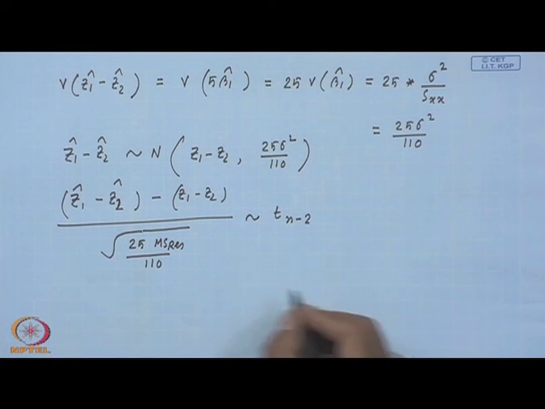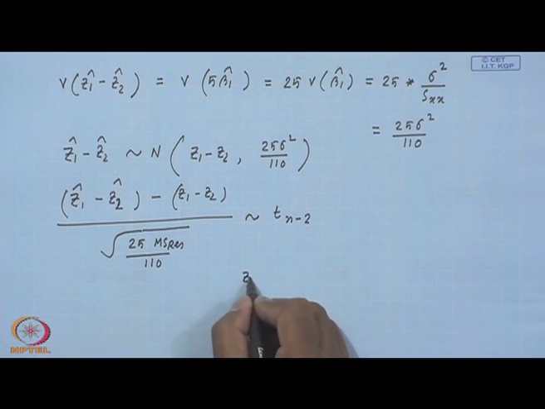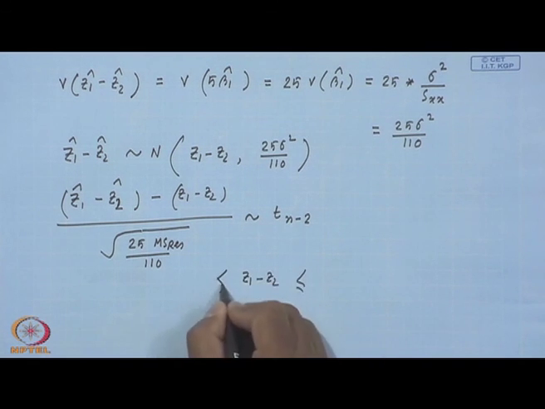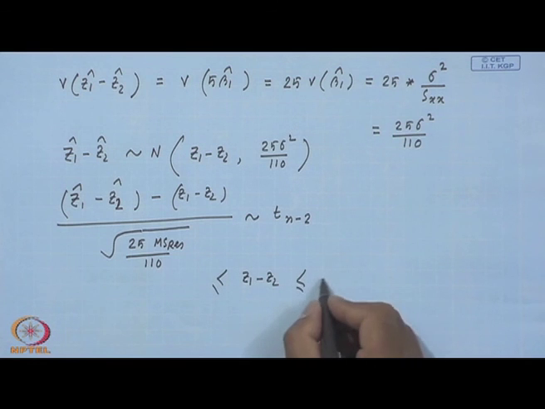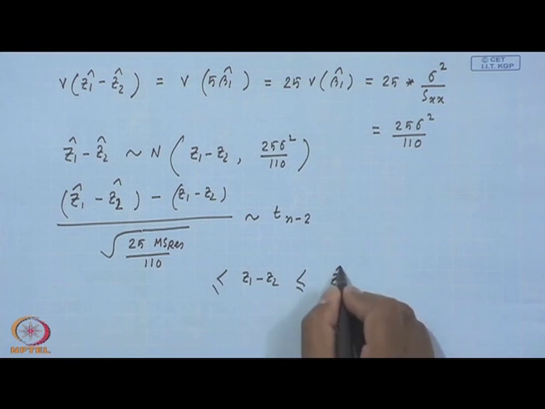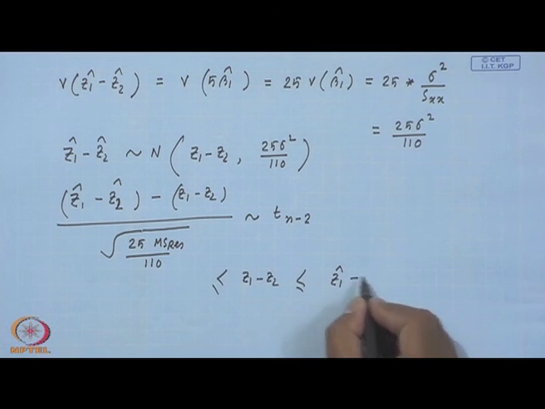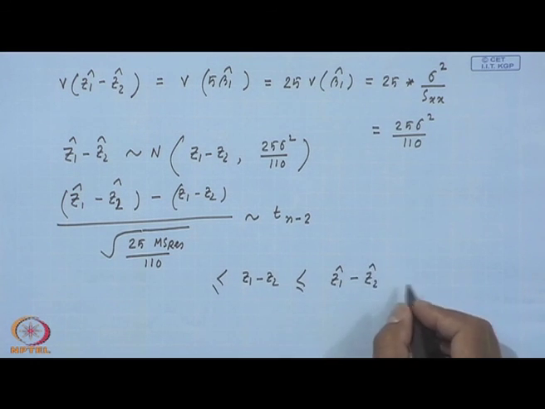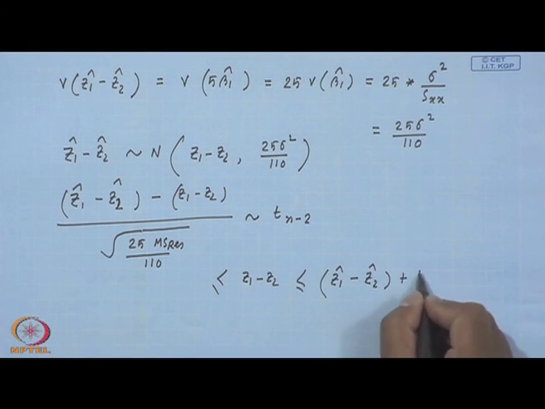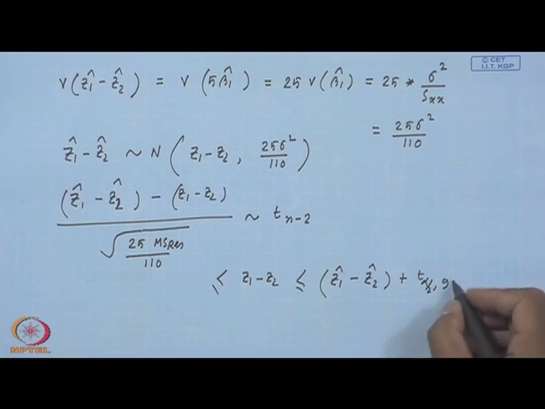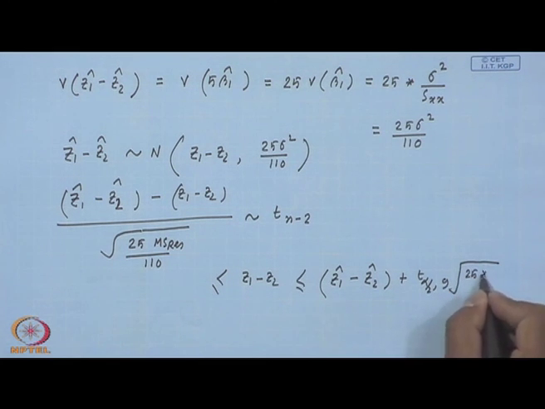And from here I can write that Z 1 minus Z 2 is less than or equal to Z 1 hat minus Z 2 hat plus t alpha by 2, 9 degrees of freedom, and here it is 25 into MS residual, which is 2.36, by S xx, which is 110. Okay.